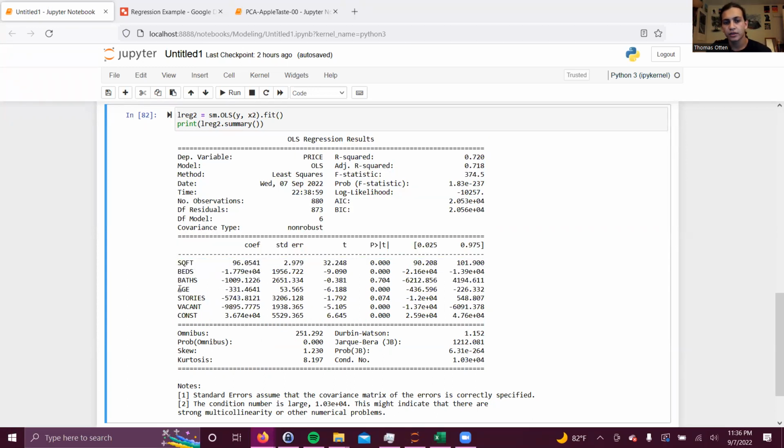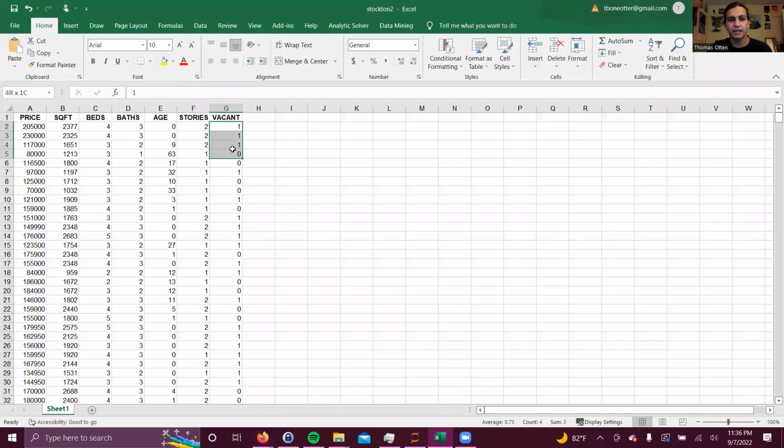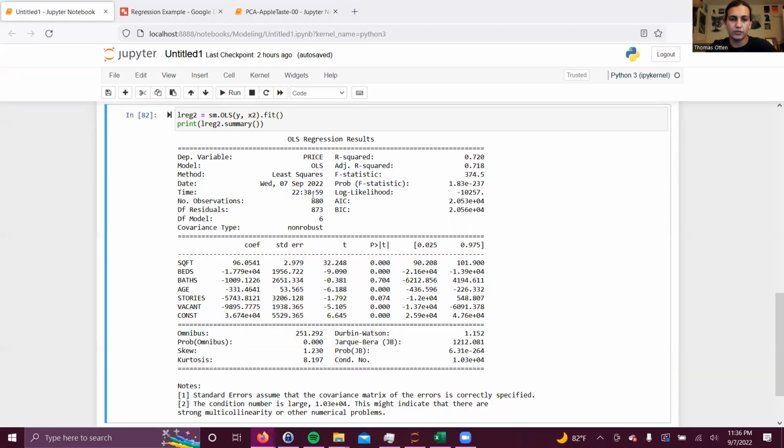The last thing I want to talk about, I know it's getting long, is this vacancy. Because if you look at the data, vacant is either a 1 or a 0, right? And so if we think about our equation, y equals beta 1 x1, let's say that's our $96.